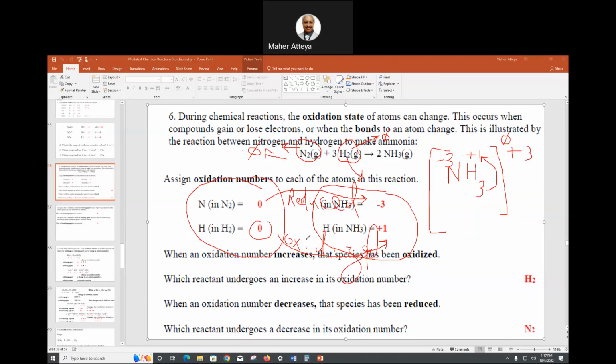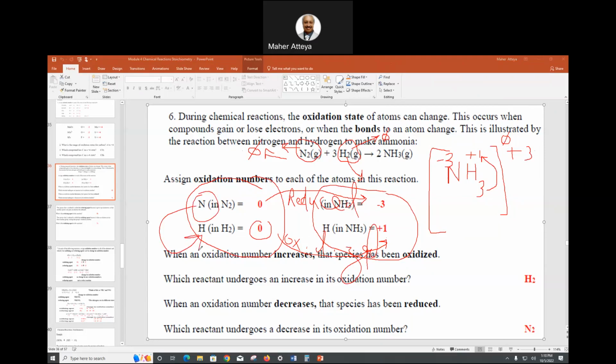Now the question is, which one of those, nitrogen or hydrogen, is the oxidizing agent, and which one is the reducing agent? Somebody tell me. Well, let's put it this way. In order to figure out which is the oxidizing agent and which is the reducing agent, I ask a question. What does nitrogen do to hydrogen?